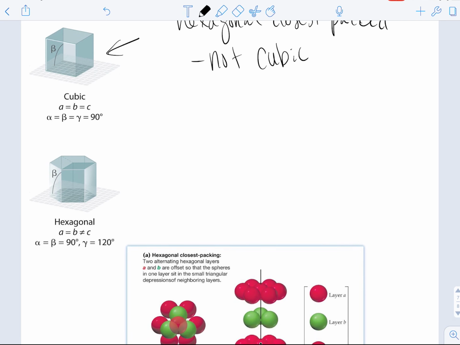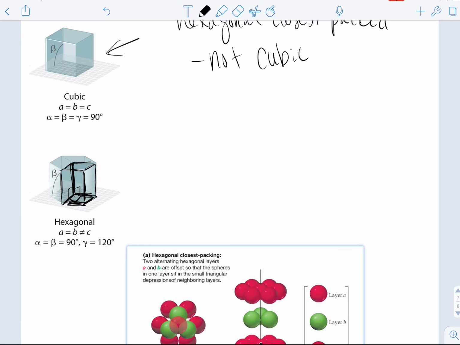In a hexagonal, which is this one right here, there's our structure for our hexagonal. It has A equaling B, so our A and our B are equal, but our C is different. And then alpha and beta are both 90 degrees, but our gamma is not. It's 120. So it's a little bit offset of a structure.